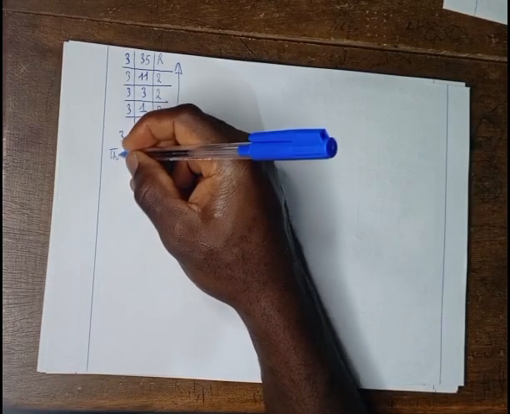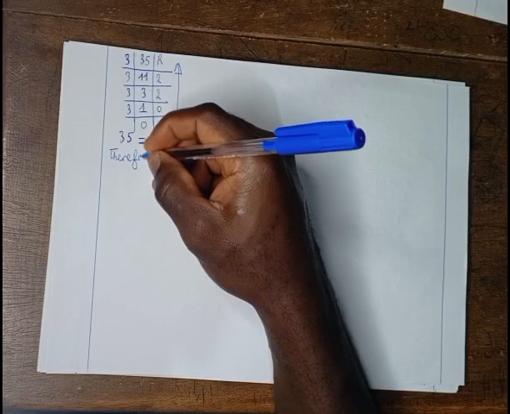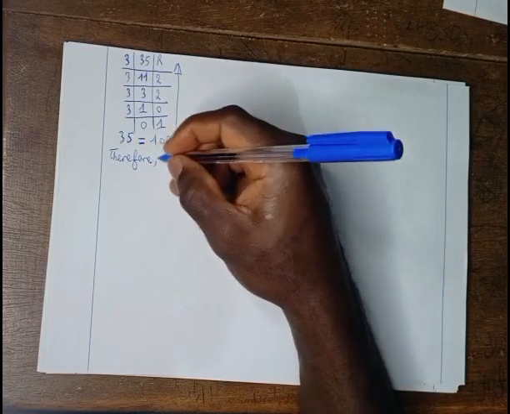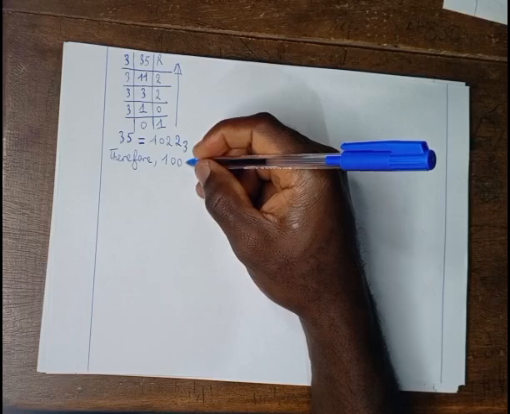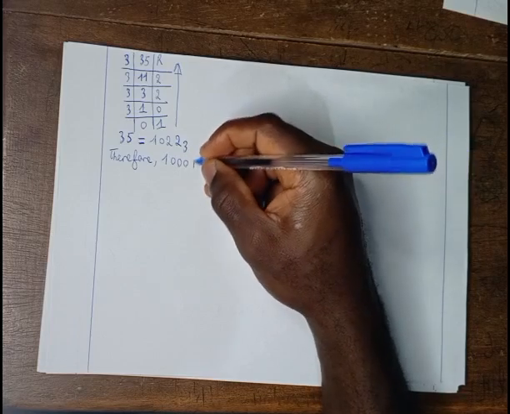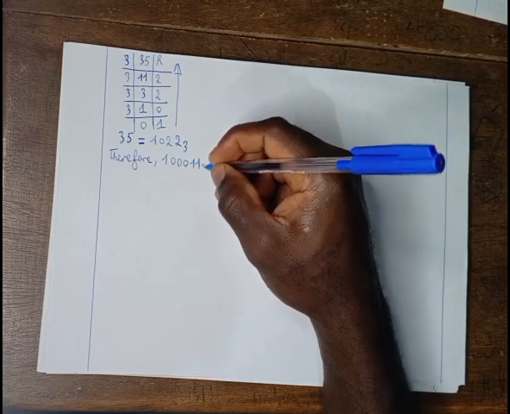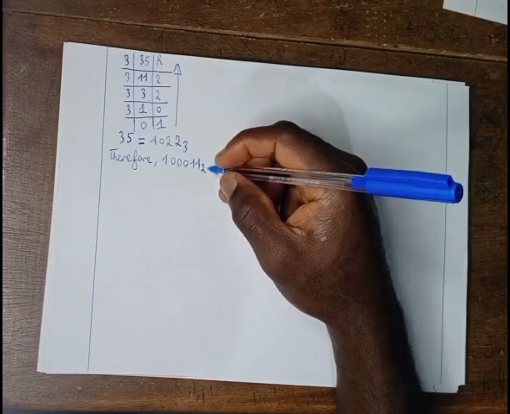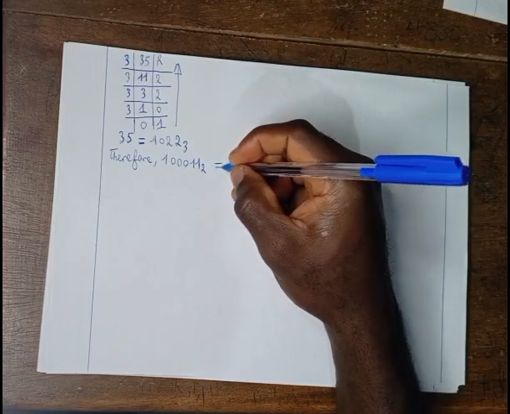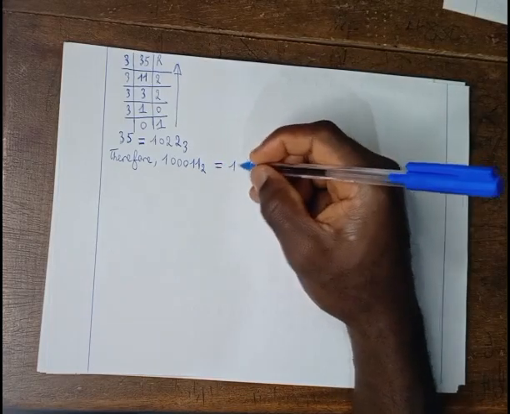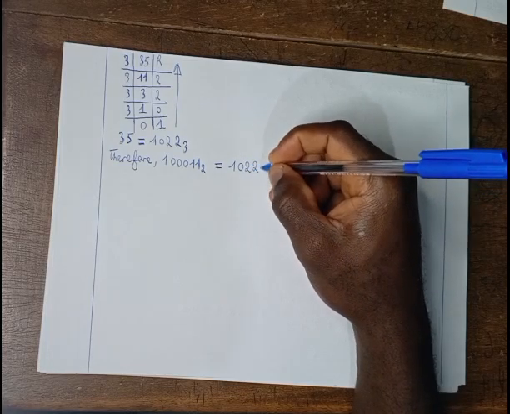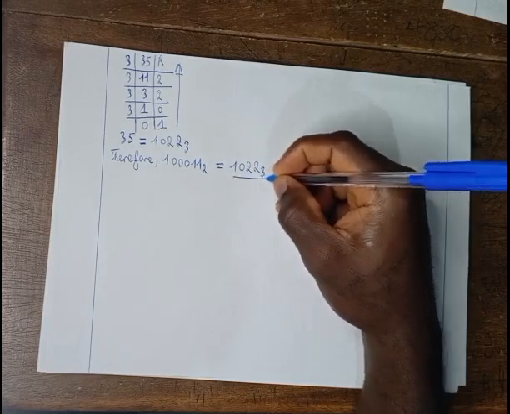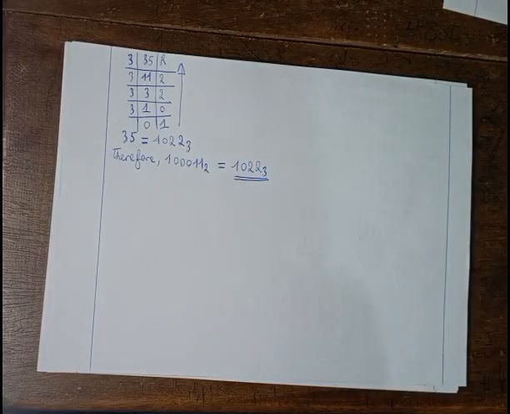We conclude, therefore, the binary number 1, 0, 0, 0, 1, 1 base 2 is simply equal to 1, 0, 2, 2 in base 3. Then we underline the answer and we are done.